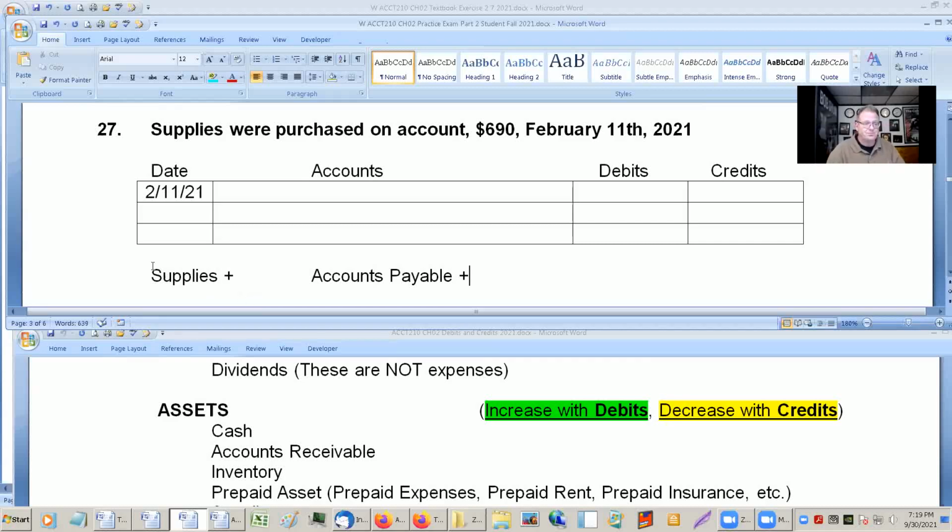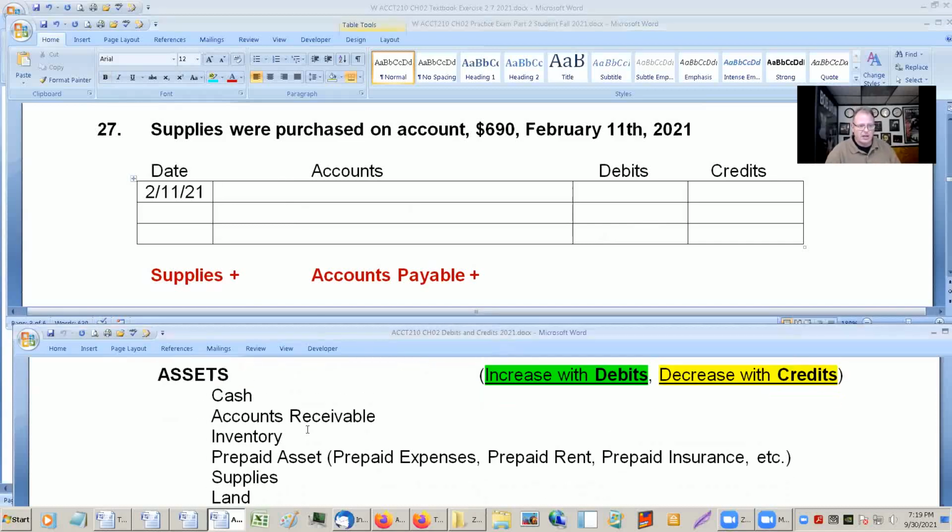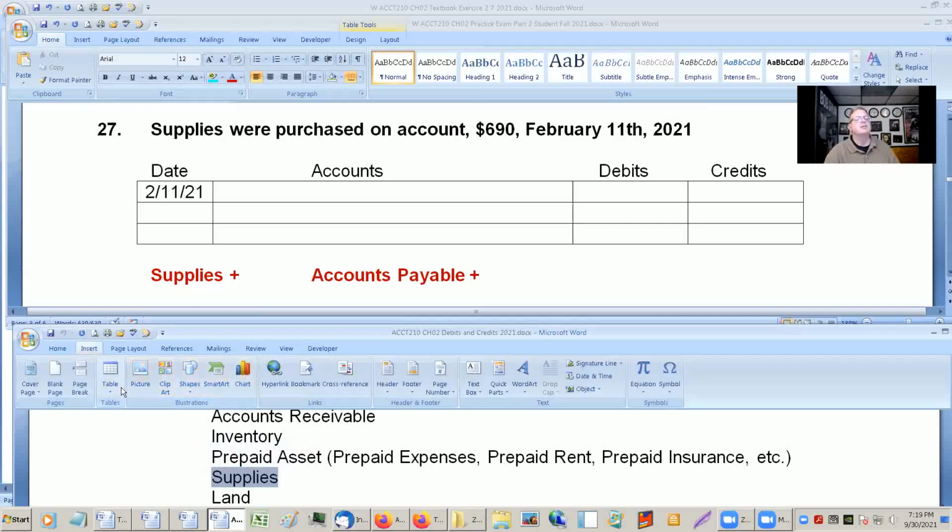Yes. In the future we're going to pay it off, but when we first do it, accounts payable is going to go up. So we have more assets, we also have more liabilities. Supplies is an asset, so it will be a debit.